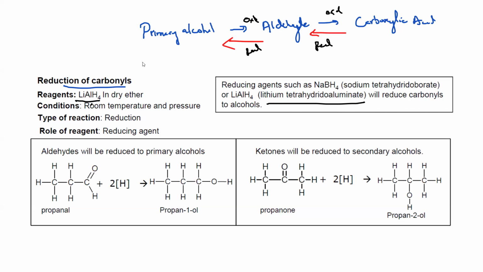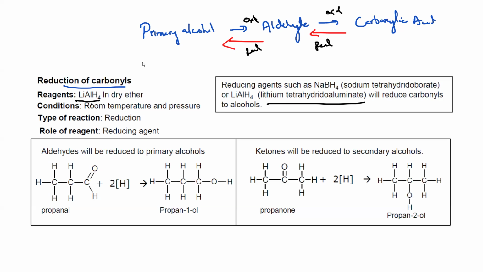The aqueous and alcoholic parts are the medium, providing a solvent so the reactants can mix with each other. So dry ether is not the reactant here. It is the solvent which allows the substances to mix.